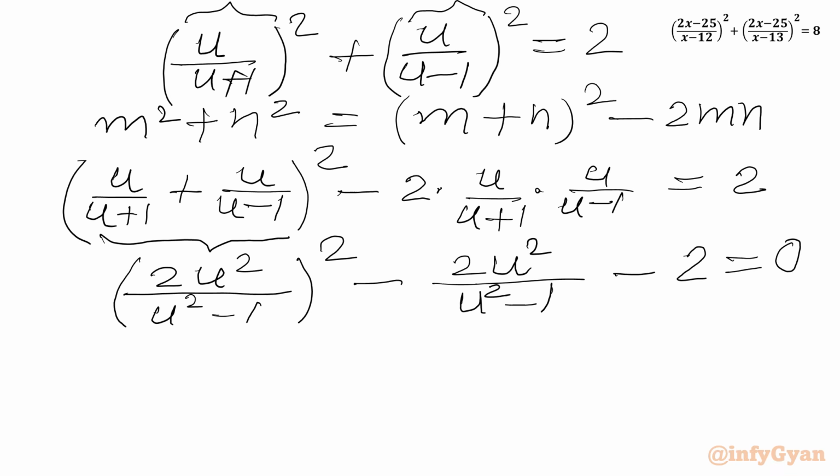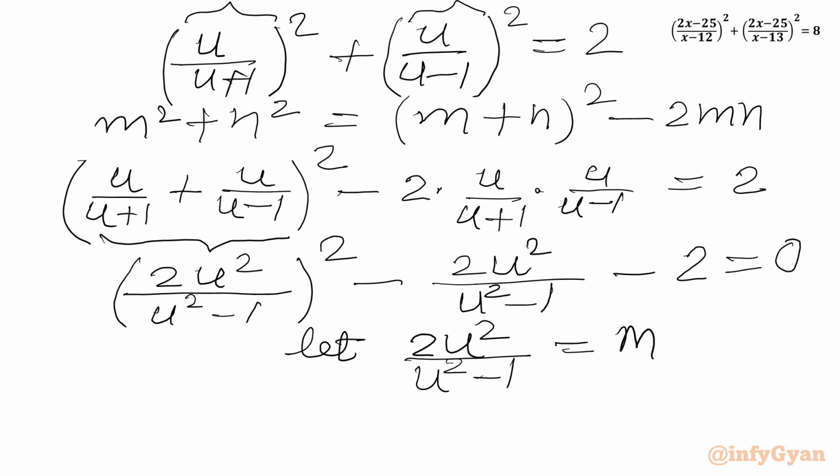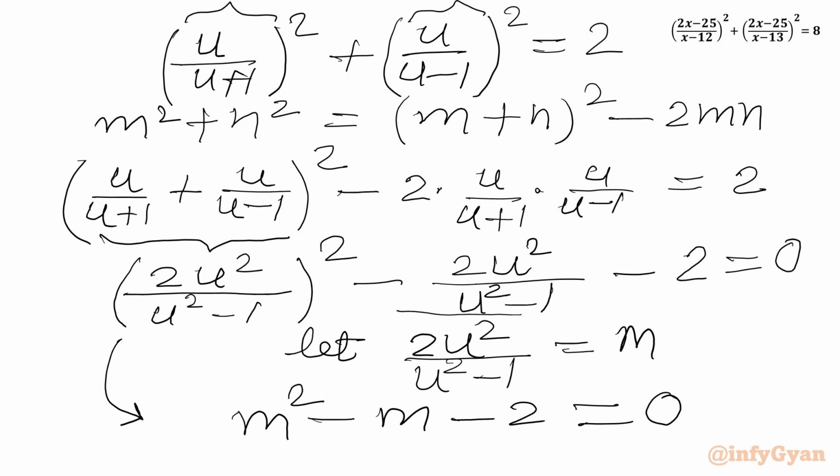Now this is one quadratic equation in 2u square over u square minus 1. So let us assume 2u square over u square minus 1, suppose this is equal to m. So our equation will become quadratic in m. M square minus m minus 2 equal to 0. Remember, m is 2u square over u square minus 1, where u is 2x minus 25.